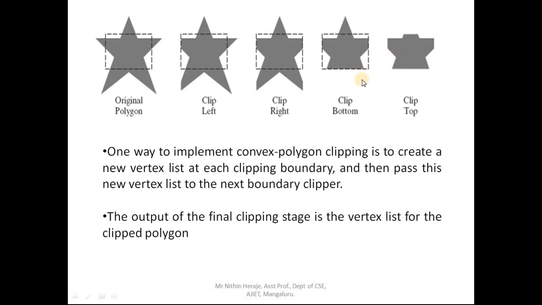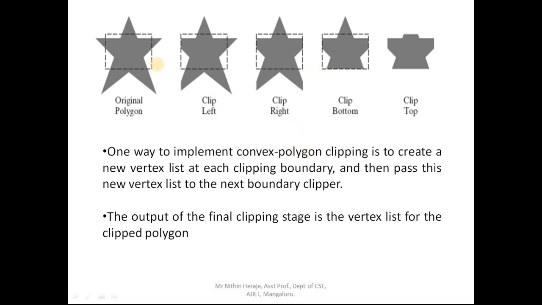So these are the new vertex list that is passed. Initially, how many vertices did we have? 1, 2, 3, 4, 5, 6, 7, 8, 9 and 10. This is the new number of vertices, so this has to be passed.